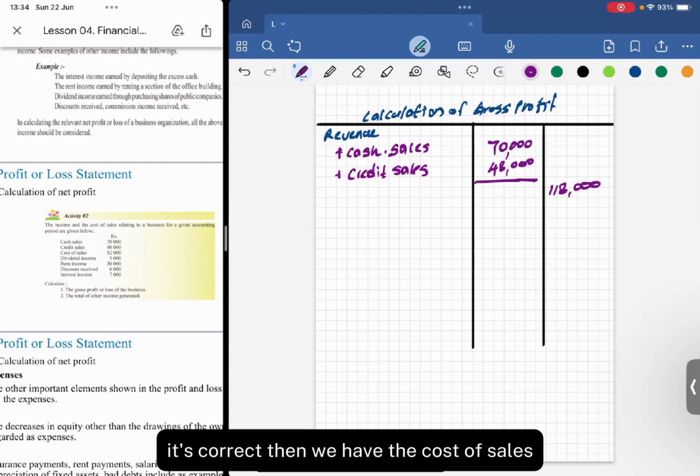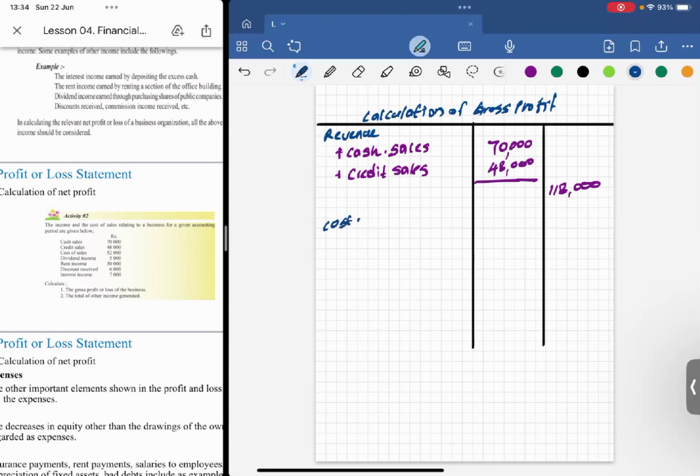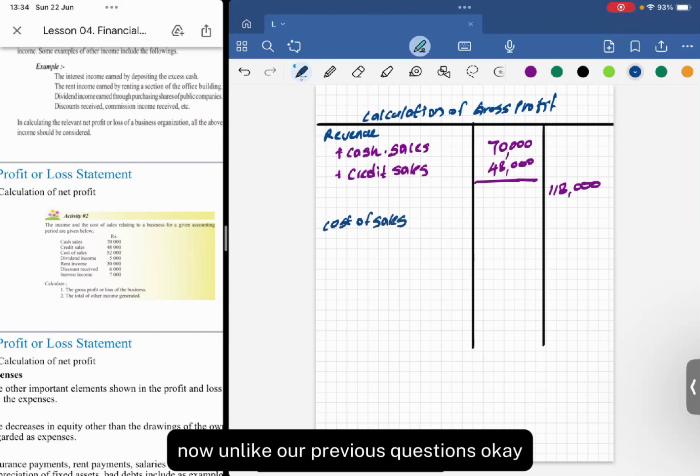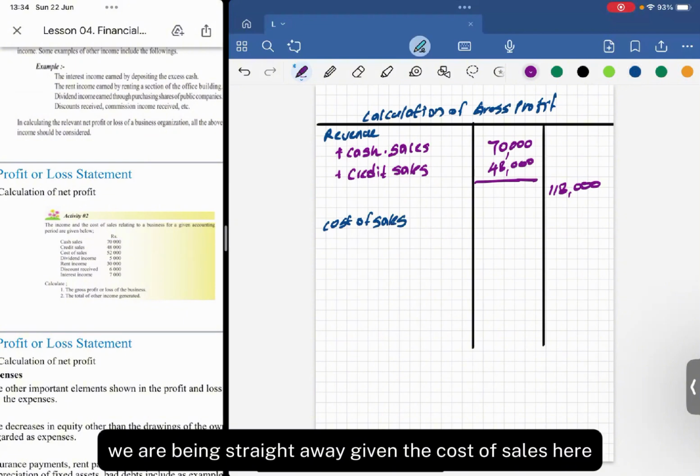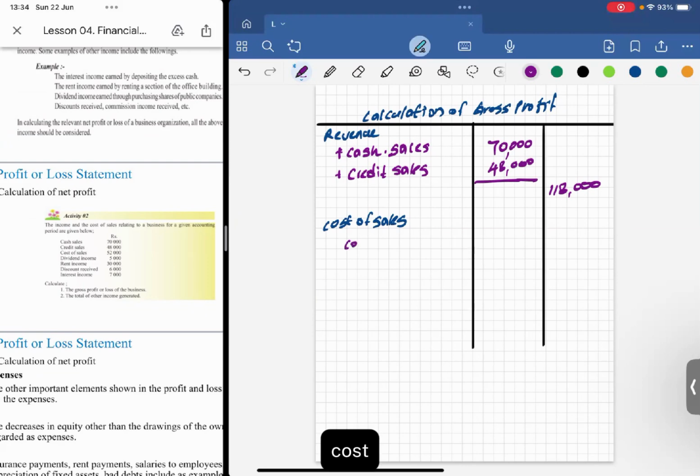It's correct. Then we have the cost of sales. Unlike our previous questions, we have been given the cost of sales straight away here: cost of sales, which is 52,000.